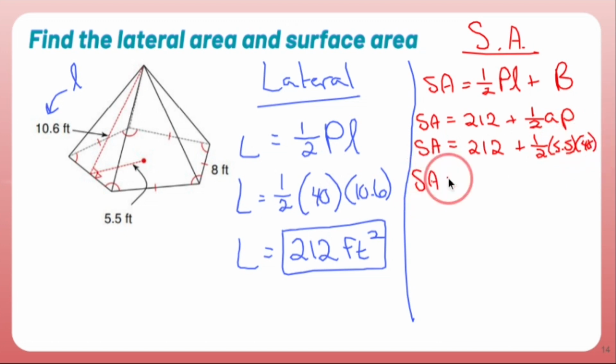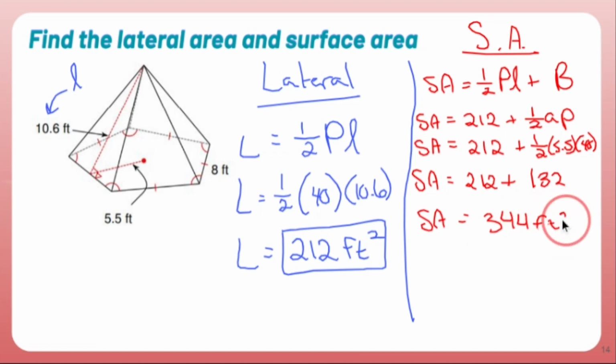Okay, a little bit more math. 212 plus 1/2 times 5.5 times 48, which is 132. And you add these guys together, and that's a 3, and that's a 4, and that's a 4. And this is feet squared. Yeah, pyramids, Egyptians.